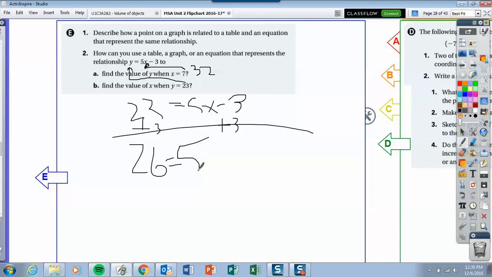I want to find out just what x is, so I'm going to divide both sides by 5. And then I see that it is 5.2, or 5 1/5 equals x.